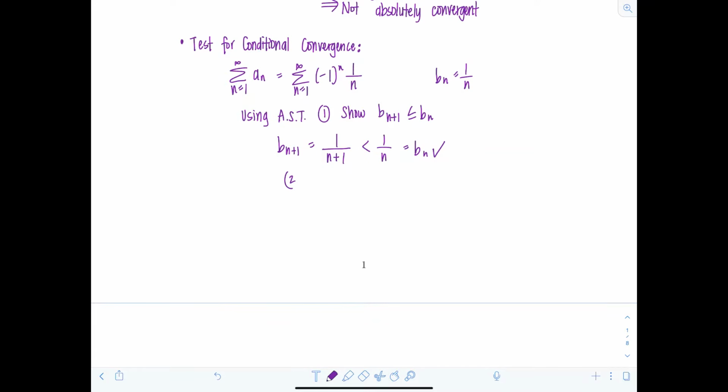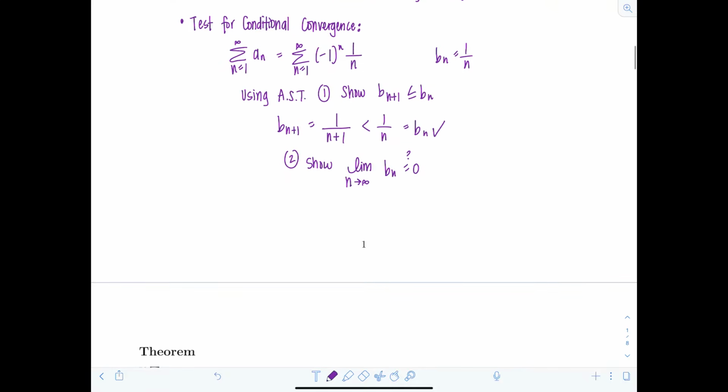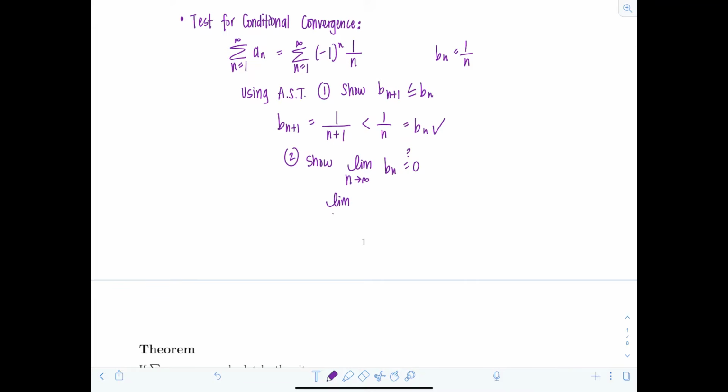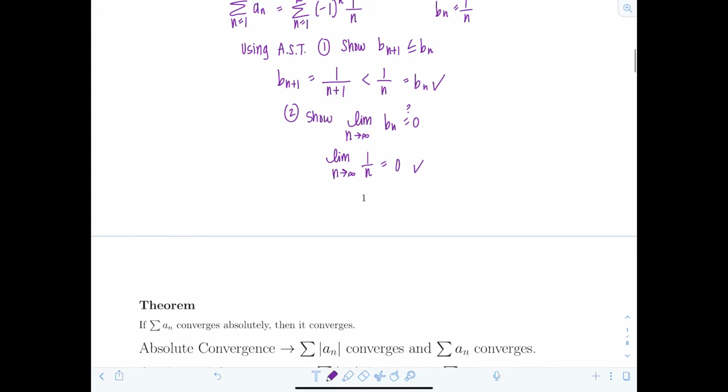Second condition, can I show that the limit as n approaches infinity of b sub n is 0? Well, let's see here. We have the limit as n approaches infinity of 1 over n, and clearly that's going to go to 0. Denominator gets arbitrarily large. So both conditions are satisfied for the AST, which means that the series converges.